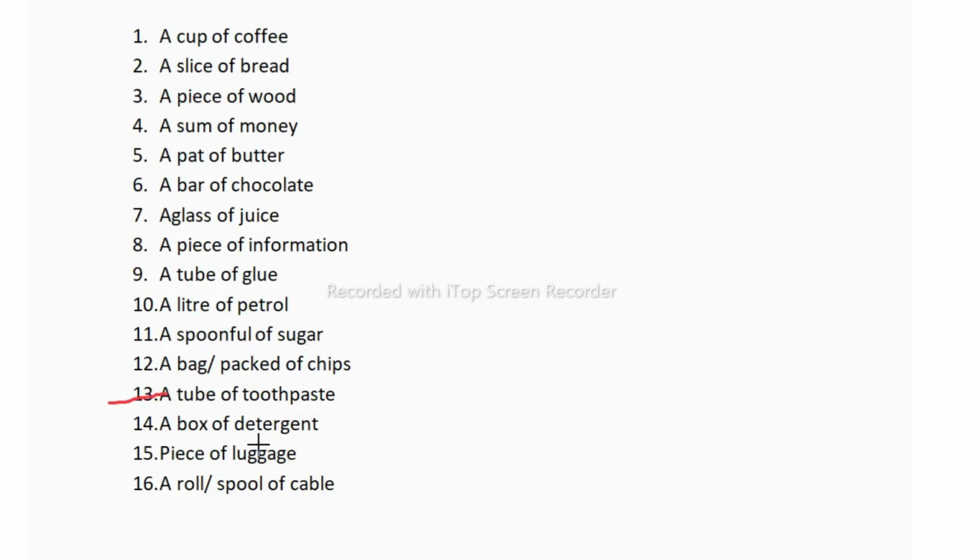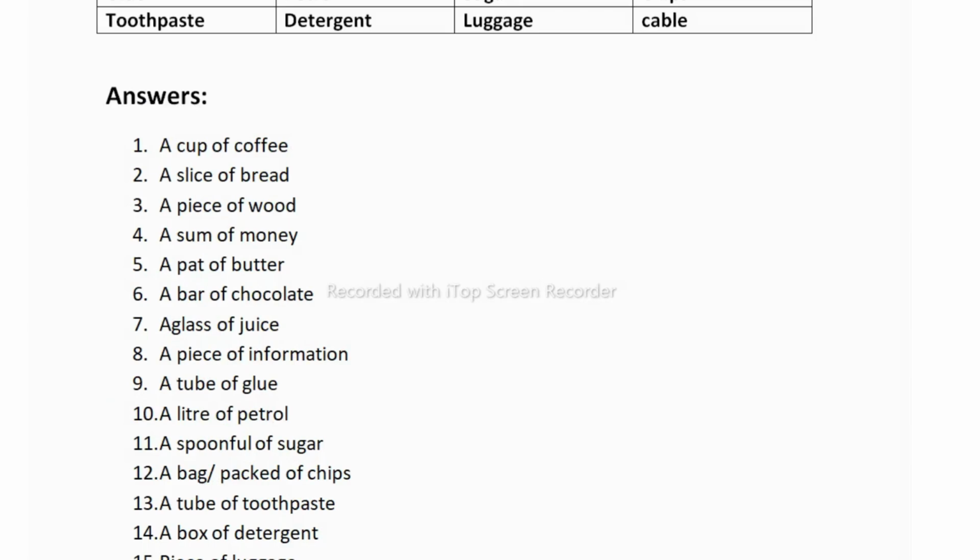Now here the detergent, which is an uncountable noun, you can make countable by adding a countable noun to it: a box of detergent. A piece of luggage. A roll, or you can say a spool, of cable. So these are all the noun exercises from the first semester, unit one, which is very important from your exam point of view.